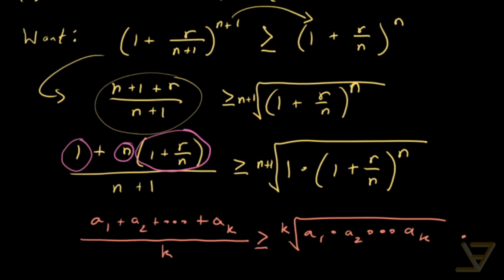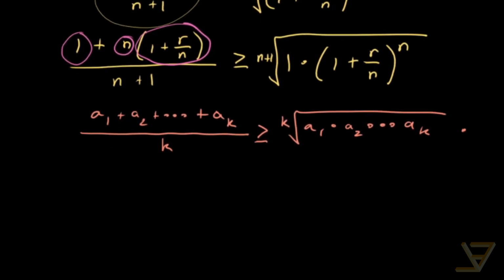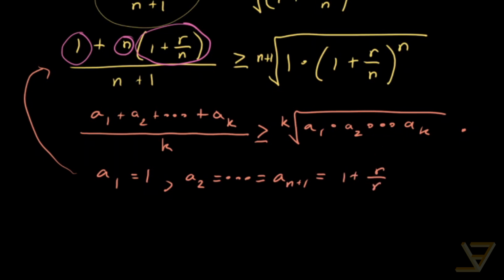And you can see that what we have up here is a1 equals 1 and a2 all the way through to a n plus 1 is equal to 1 plus r over n. So this inequality certainly holds, but we want to prove a strict inequality, which means we need to figure out when equality holds.